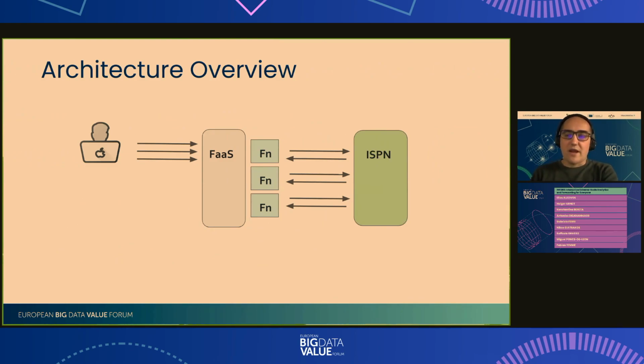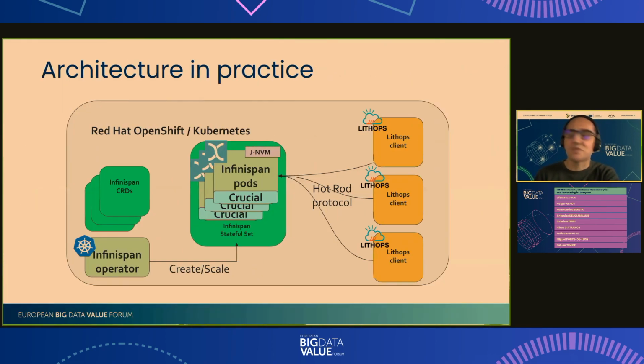So this is where Infinispan fits roughly in the architecture. Actually, go to the next slide, which goes into a bit more detail. This is the Infinispan in-memory storage running on Kubernetes, of which Red Hat OpenShift is Red Hat's commercial offering. The Infinispan operator manages the provisioning and scaling of the Infinispan pods, which have been enhanced with a Crucial library as part of the Infinispan stateful sets.